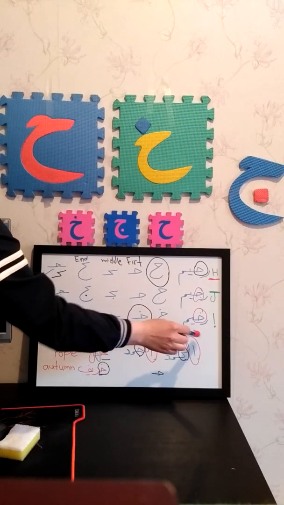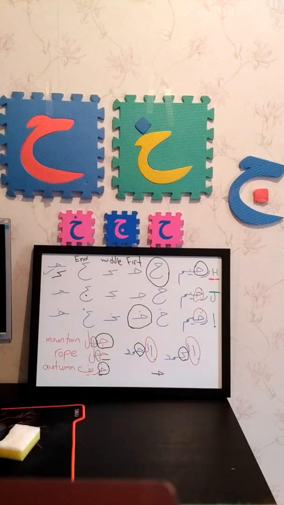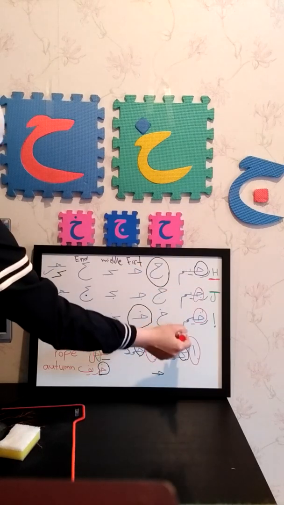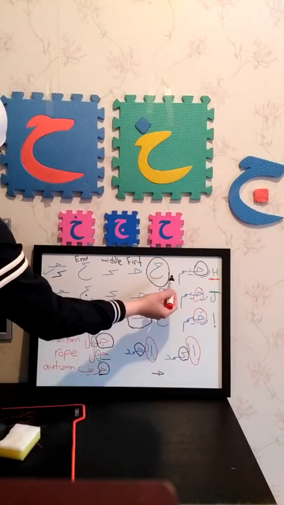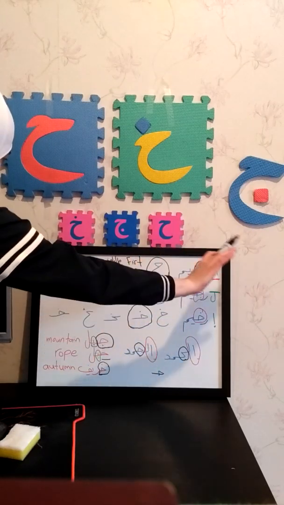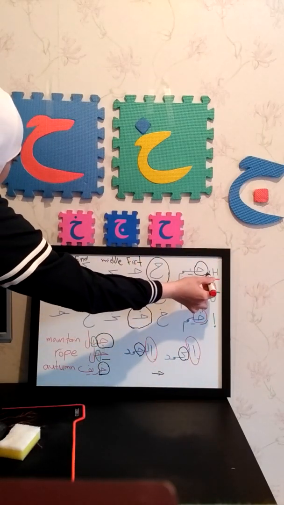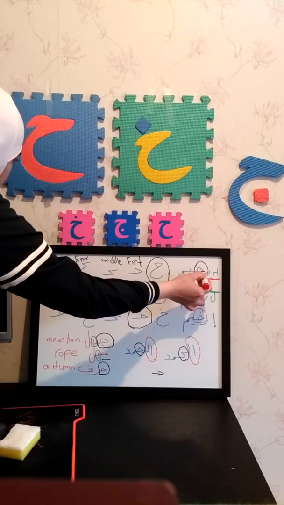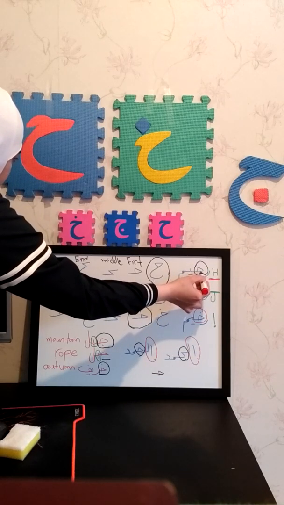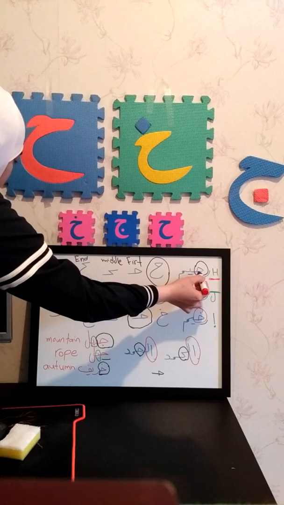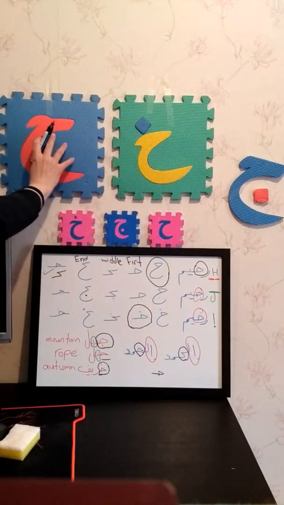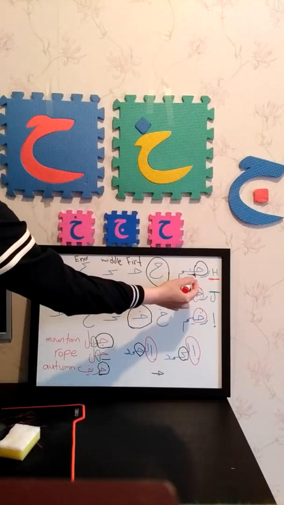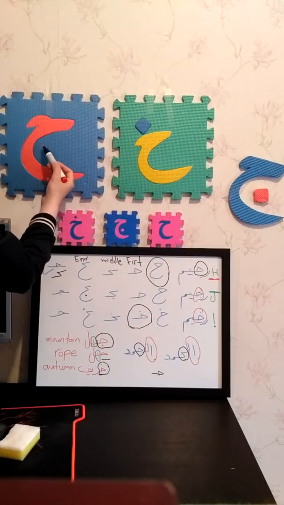I have chosen these three examples to show you the difference. These are the same letters, by the way, but each word has a different meaning, and each contains one letter of this family. The first one, rahim, ha.